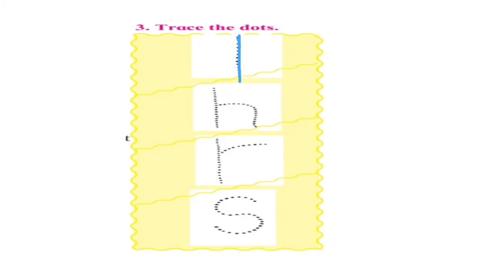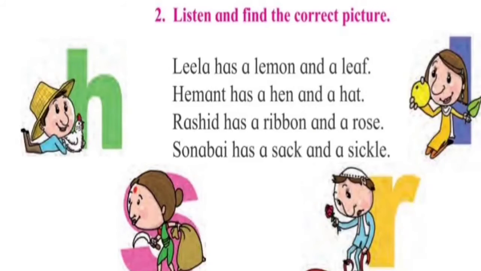L. L. L. L. H. H. H. H. R. R. R. R. S. S. S. S. Understood? Very good.